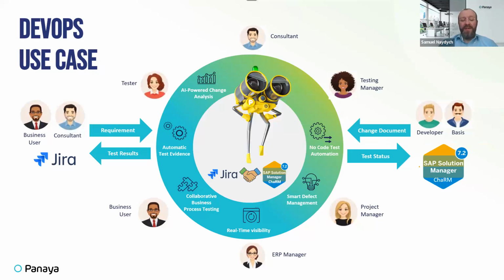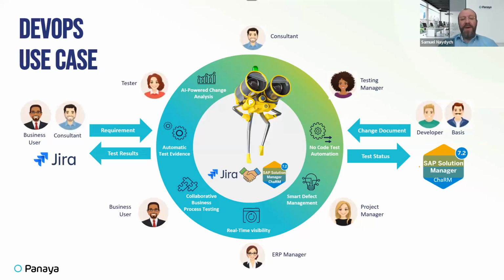And all of that is, of course, summarized in real-time visibility for all the types of managers who need to know and understand what is next and where we are today, which is breaking all the silos we spoke about in the beginning.